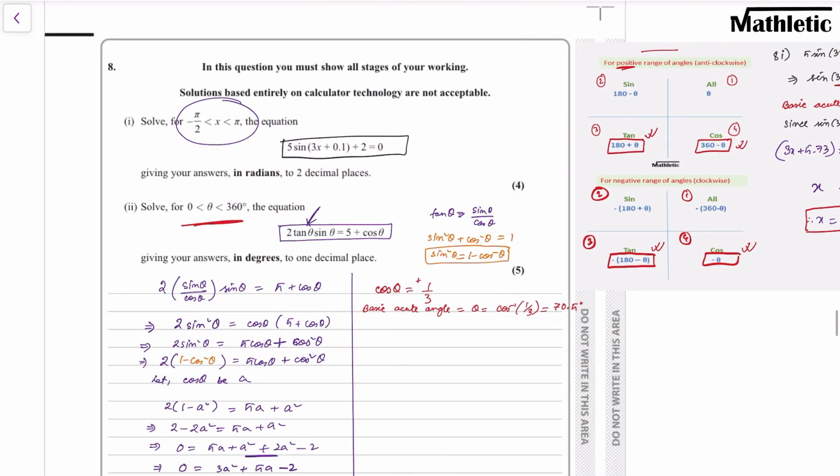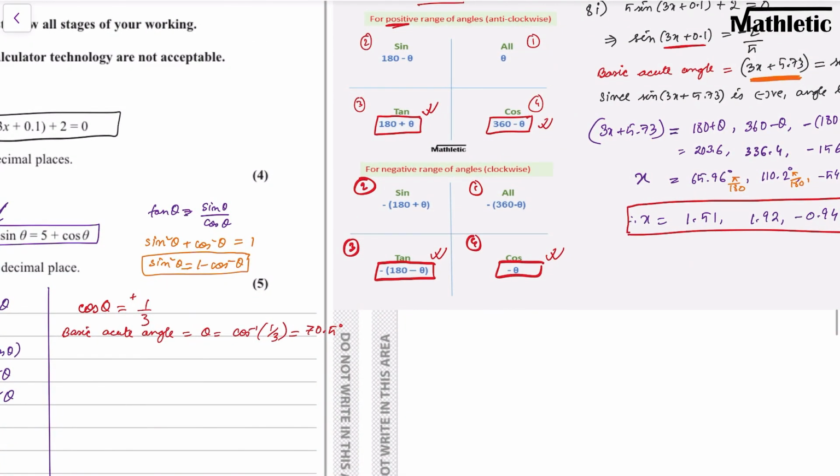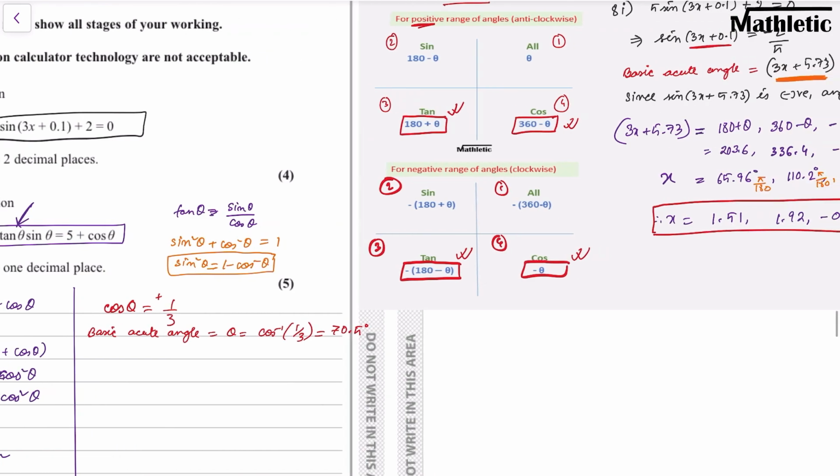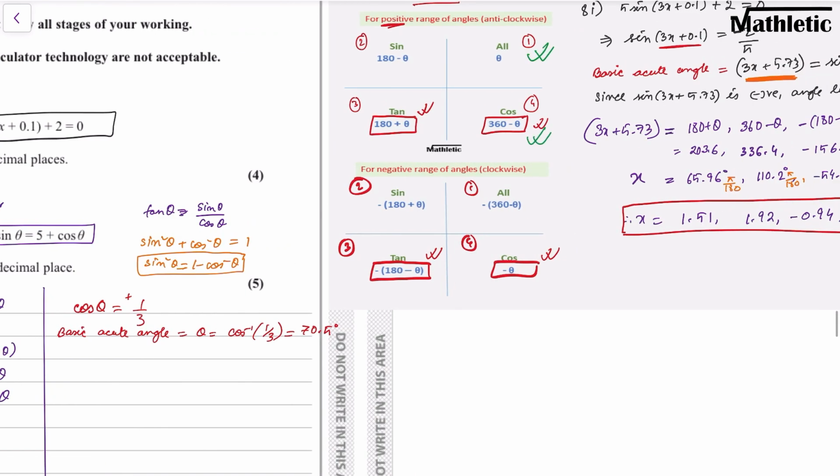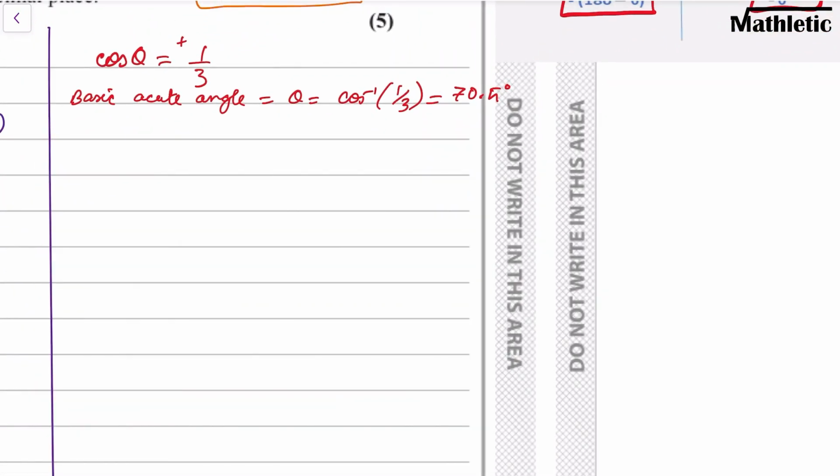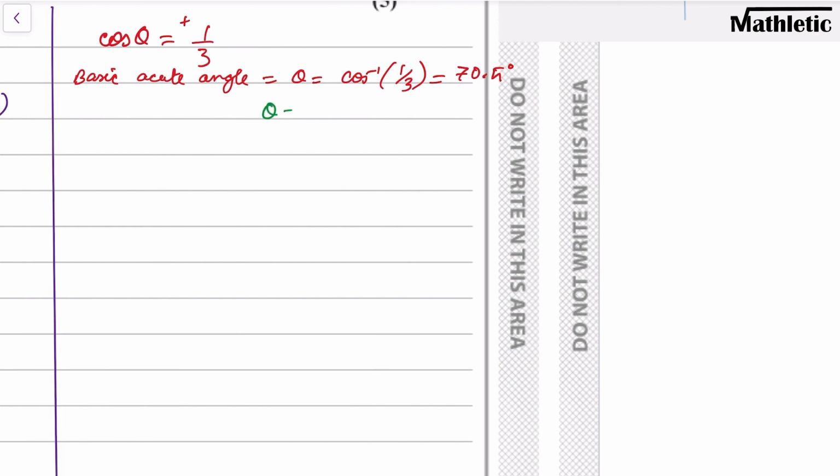So that's why you will have to use the first portion only. So cos is positive in first and fourth quadrant. So the formula should be theta and 360 minus theta. So theta is 70.5, this one, and the next one is 360 minus theta. So 289.5. So these are the final values.